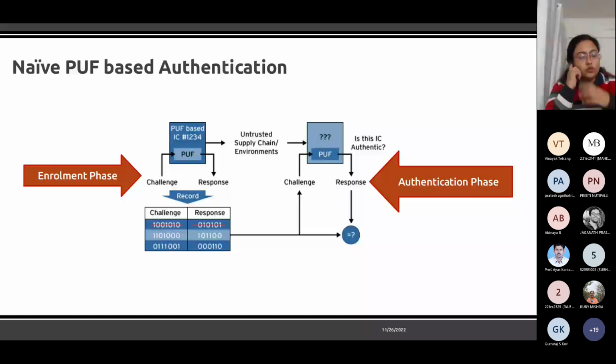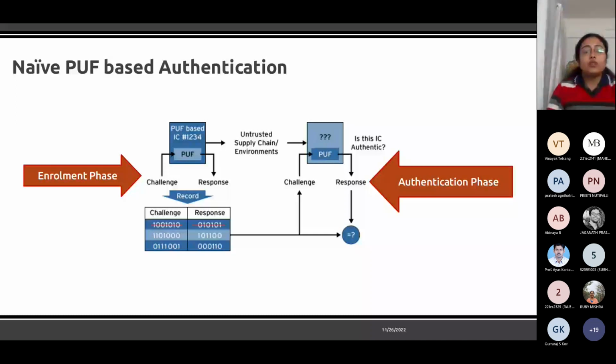Now suppose at a later point of time, the verifier wants to verify with the same challenge, the attacker can sit between the server and the PUF, and can pretend to be a valid PUF because it has the correct response. So that is a replay attack. To stop a replay attack in the naive PUF-based authentication, we have to discard the challenges, right? But that will again lead to limited authentication, that at some point the database will be exhausted.